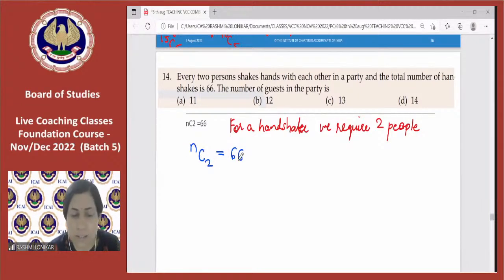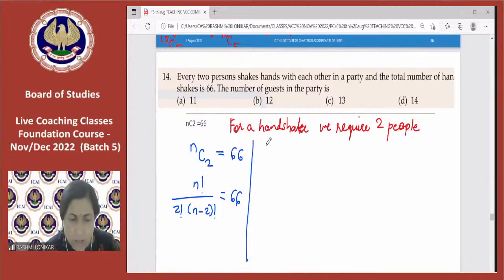So nC2 is 66. So what I have is n factorial upon 2 factorial into n minus 2 factorial is equal to 66. Now I will expand n factorial up to n minus 2.